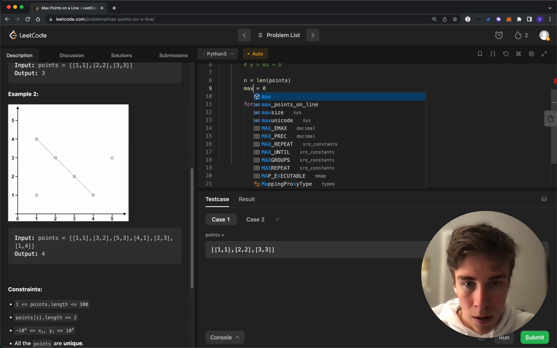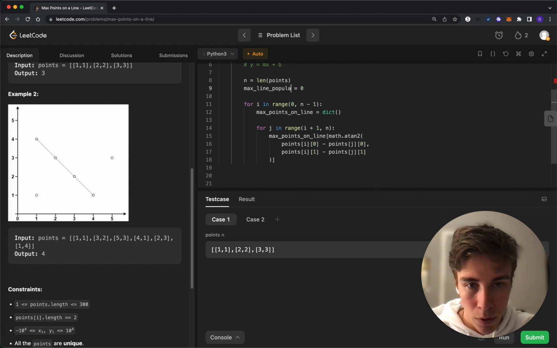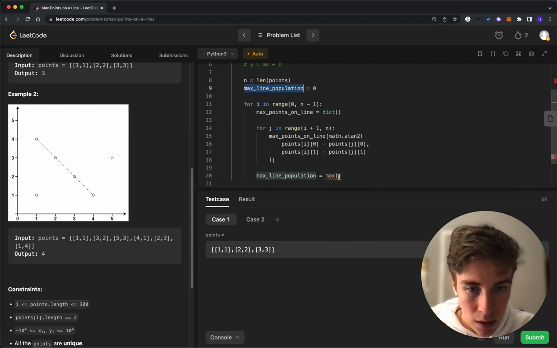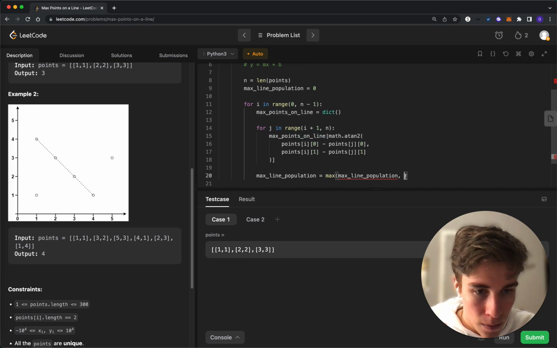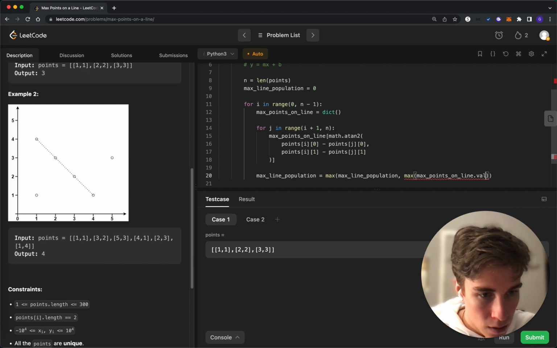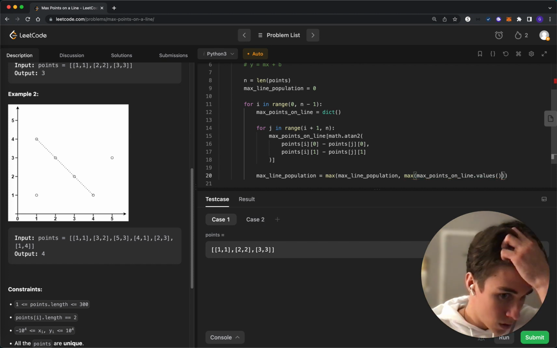I'm just going to call it max line population. If some max points on the line beat my population, and that's going to be this, and max in the values.